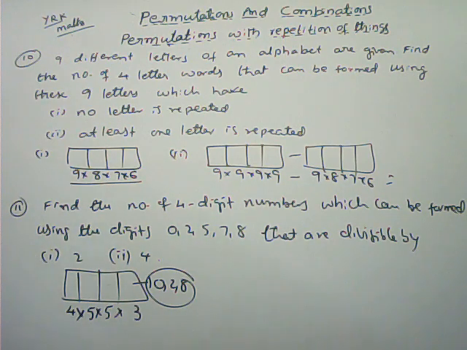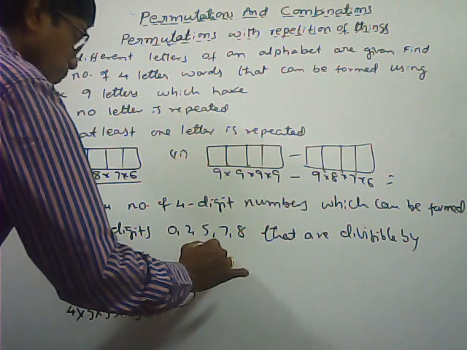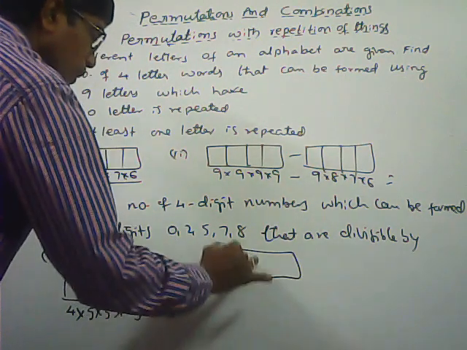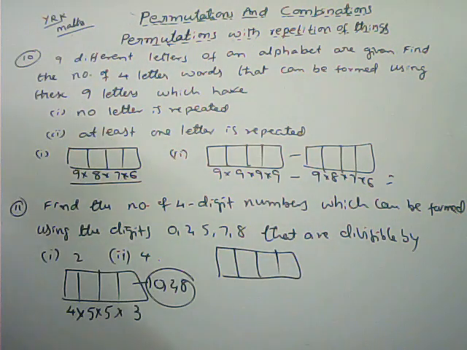Next, divisible by 4. Last two digits should be divisible by 4.